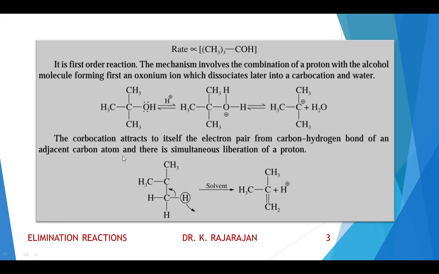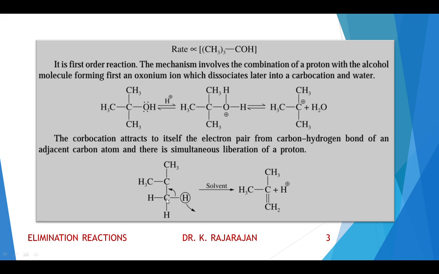The carbocation attracts to itself the electron pair from the carbon-hydrogen bond of an adjacent carbon atom, and there is simultaneous liberation of a proton. Here you can see the carbocation structure, and this carbon attracts the electron pair of the adjacent carbon.